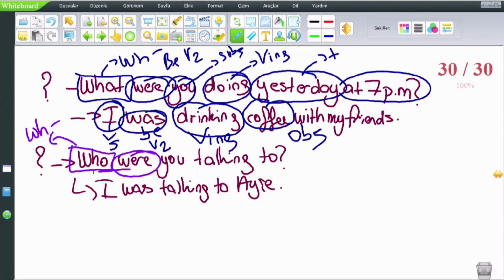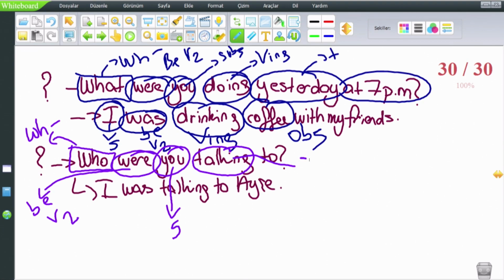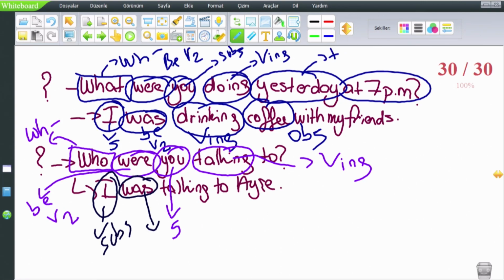Then we have our be verb to form, our subject, and verb ing. When it comes to the answer, you can see that again this is an affirmative sentence starting with subject, be verb to form, verb ing, and you can see the objects.